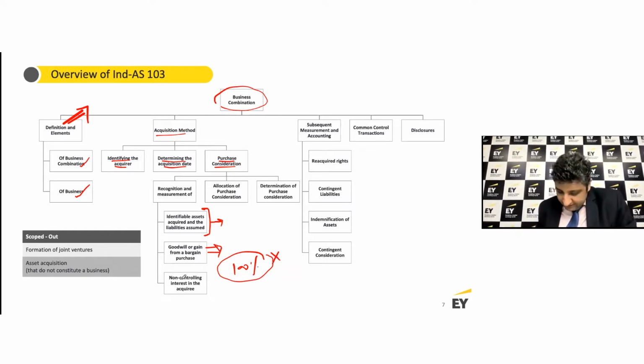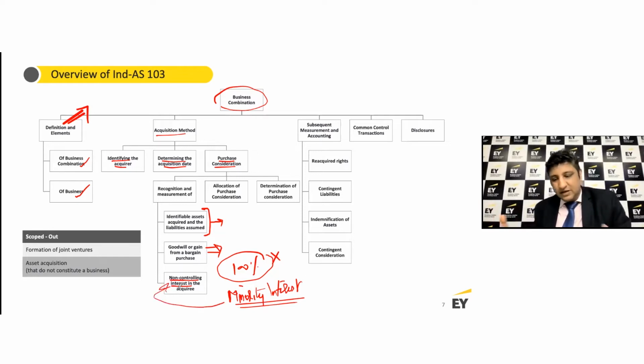And that's where you start recognizing something called a non-controlling interest. Okay, in our earlier academics, we have heard this term called minority interest, right? It is now being called an NCI, or a non-controlling interest.